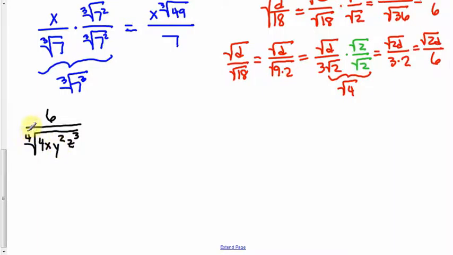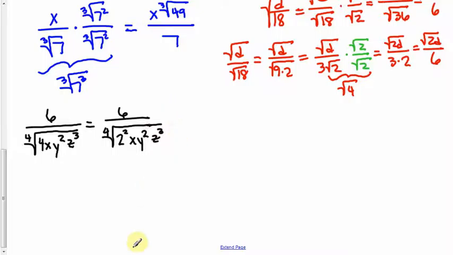So when the indices get bigger, I usually just start breaking my coefficient down into prime factors. Okay, so I'm going to rewrite this problem as 6 over the 4th root of 2 squared x y squared z to the 3rd.